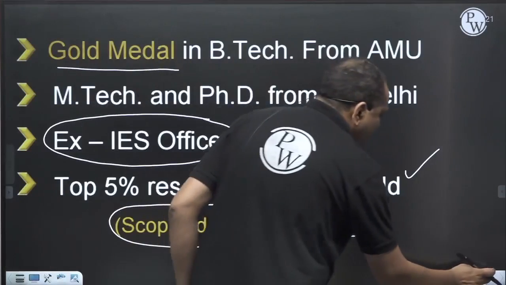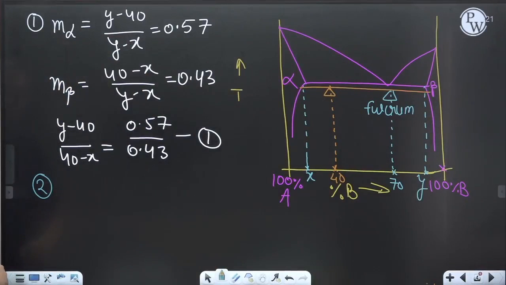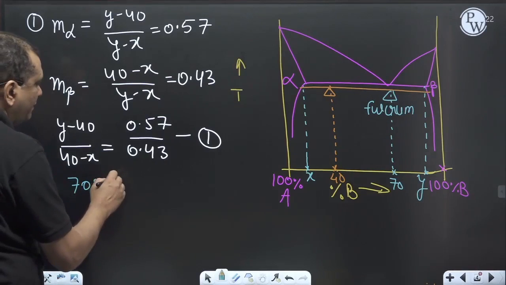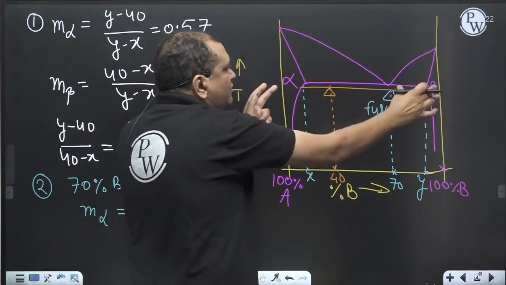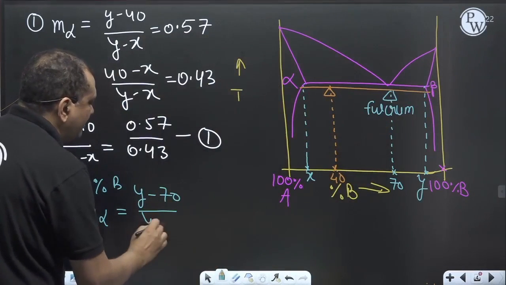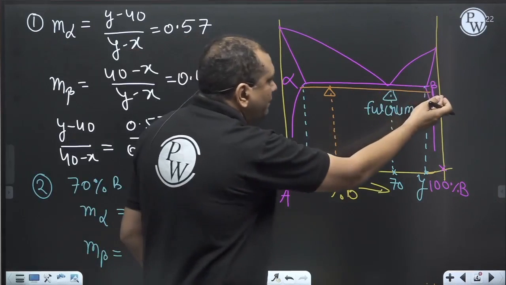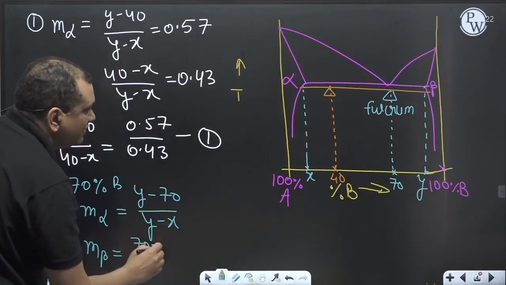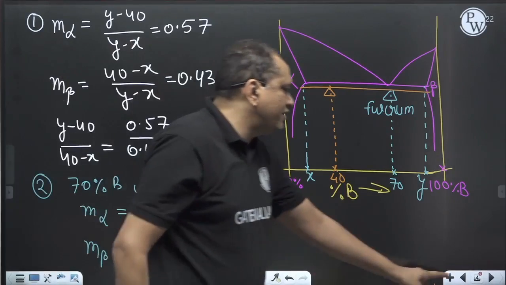So for condition 2, meaning 70% of B, the mass fraction of alpha is on this side, we take the opposite side, that is y minus 70 divided by y minus x, and the mass fraction of beta is on this side, take the opposite side, meaning this divided by the whole thing. It is 70 minus x divided by y minus x, and these two values are given to you.